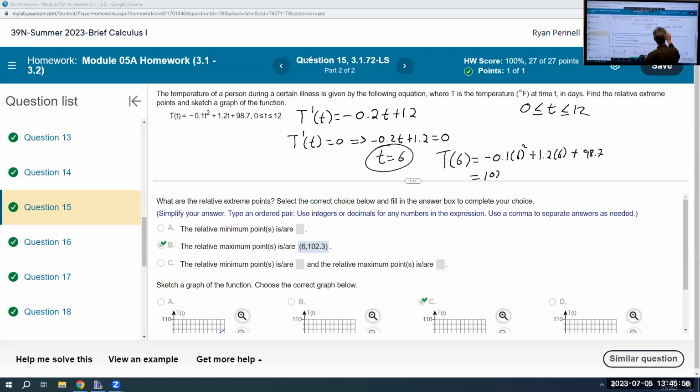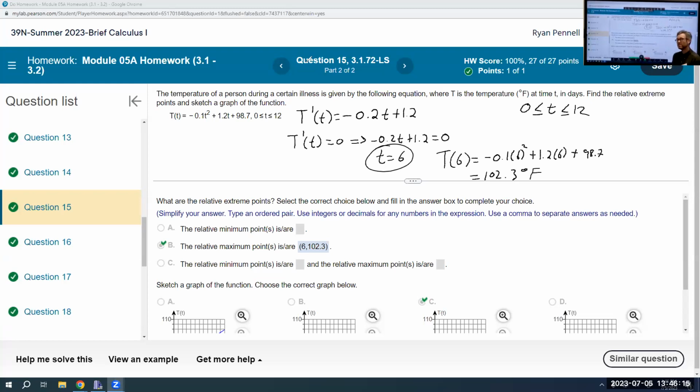We've got 102.3 degrees Fahrenheit is the maximum temperature of this patient. That's a word problem, a nursing problem, I suppose.